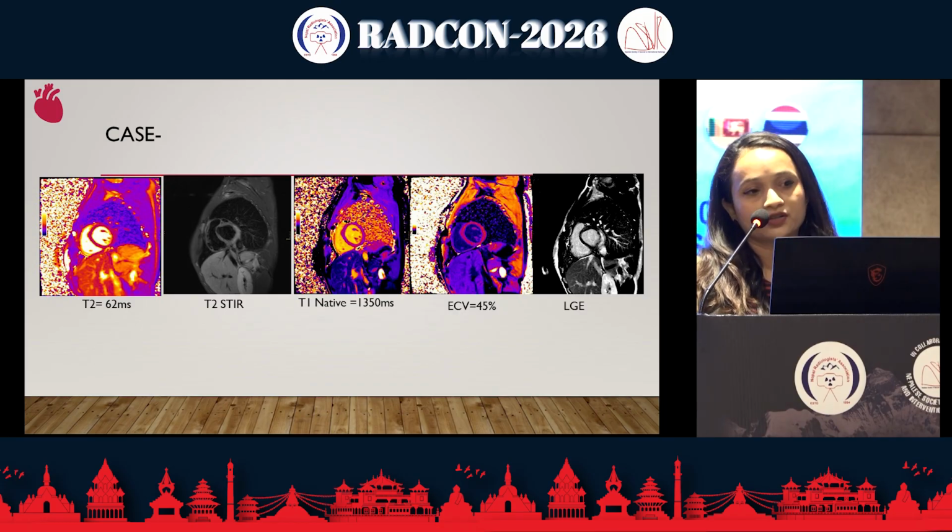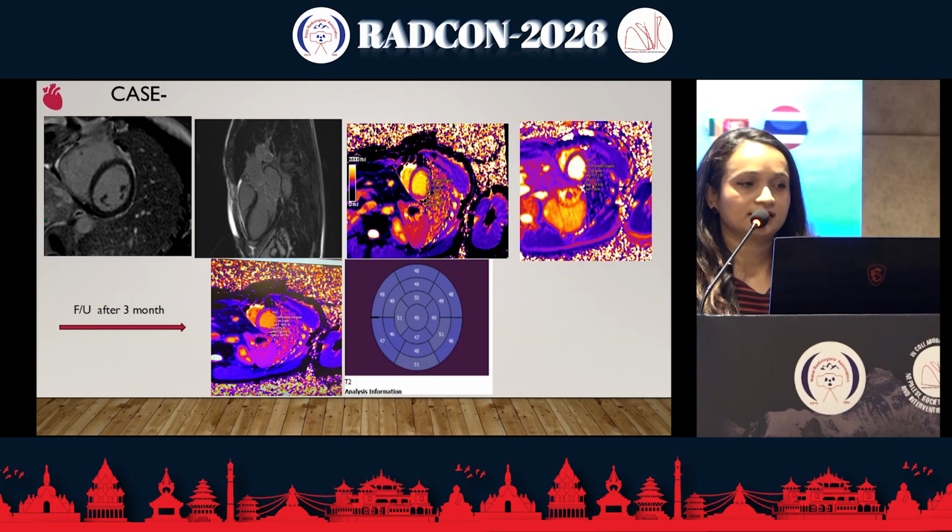And again the patient came to us to perform a cardiac MRI, and we have seen a hyperintense signal intensity in the lateral wall of the myocardium with enhancement, that is mid-myocardial subepicardial enhancement in the lateral wall. And on T1 and T2 mapping, we have seen an elevated T1 value, that is 1350 millisecond, and T2 value, that is 62 millisecond, with an elevated extracellular volume. And this is a typical case for myocarditis.